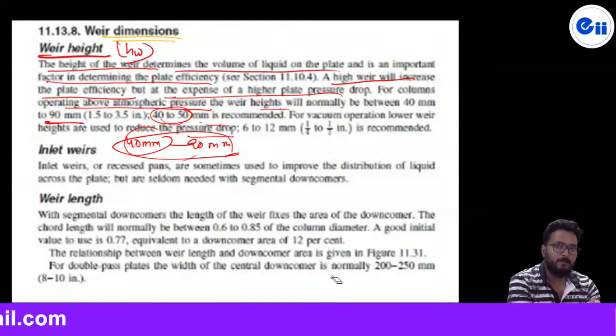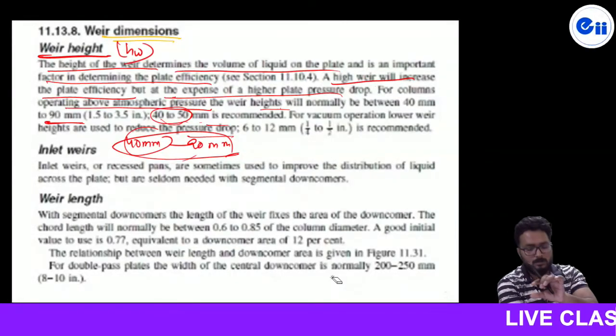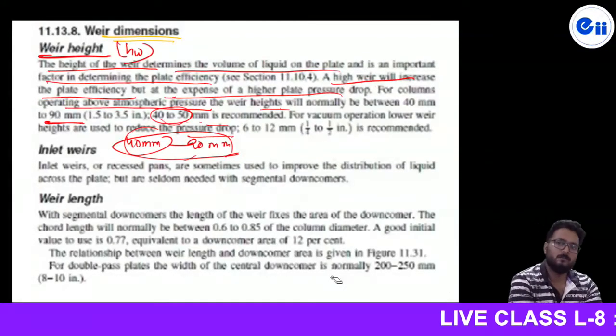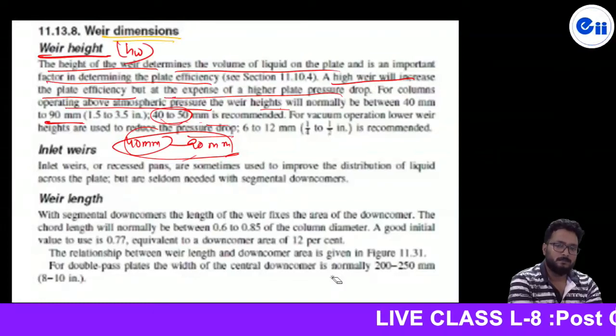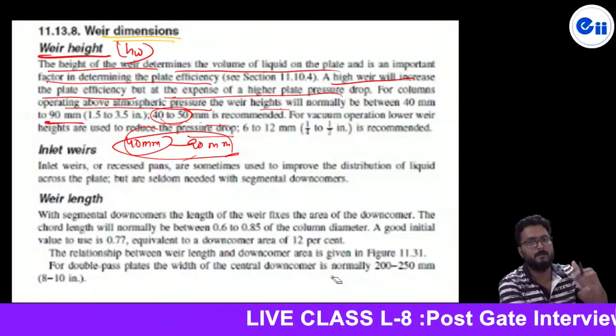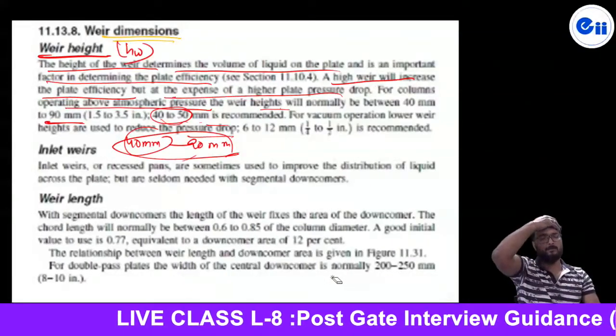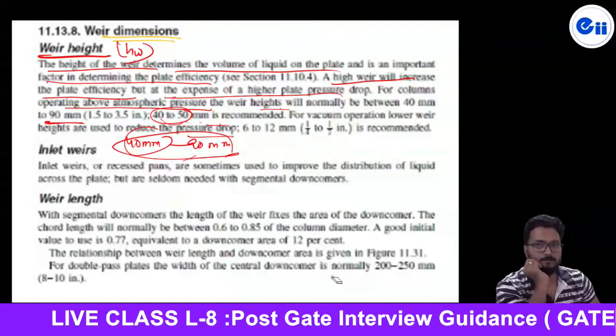Then the pressure drop will be more, because pressure drop is proportional to velocity and also the liquid head over the tray. That's why, since velocity is high and if the head of the liquid is also high, then the pressure drop will be more across the stage. So to reduce the pressure drop in the vacuum column, we should reduce the height of the weir.